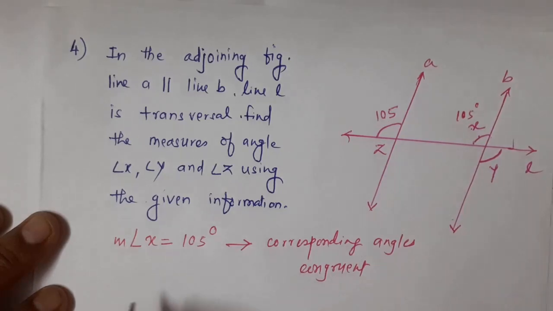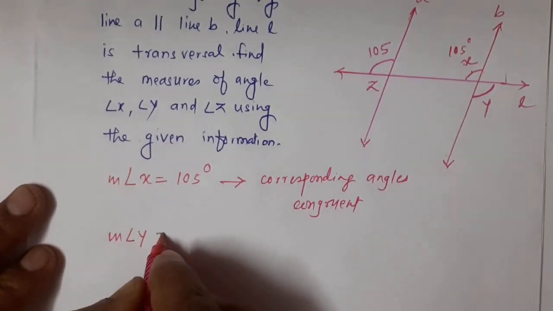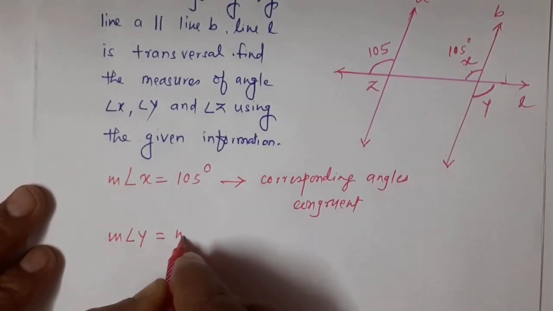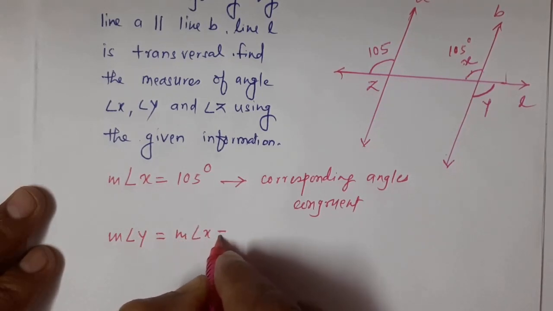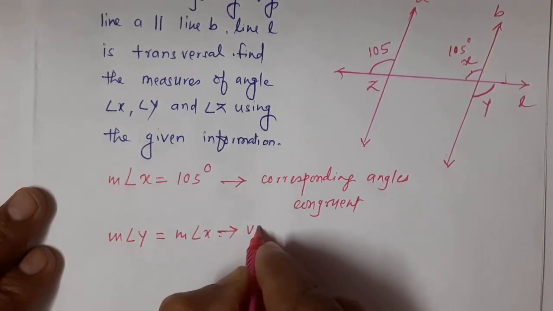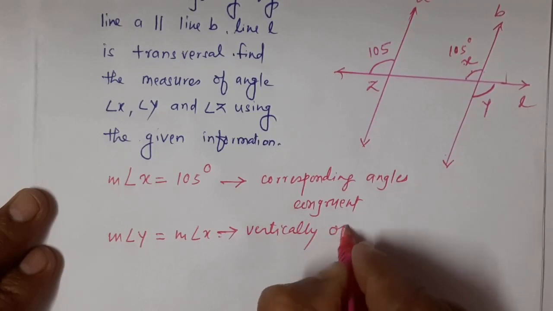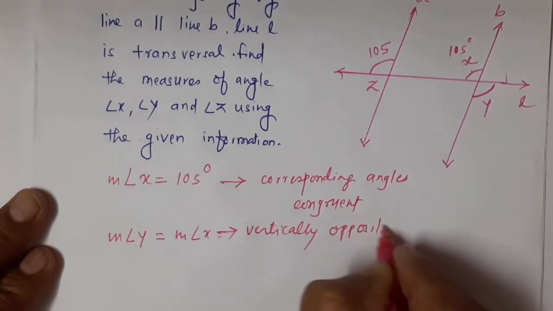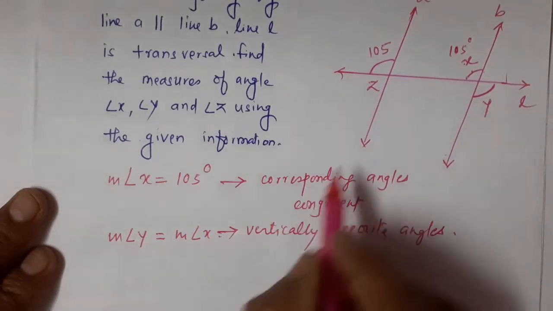Okay, so the measure of angle Y is equal to the measure of angle X, because they are vertically opposite angles, and you know that vertically opposite angles are equal.